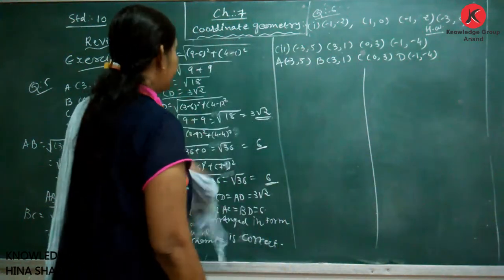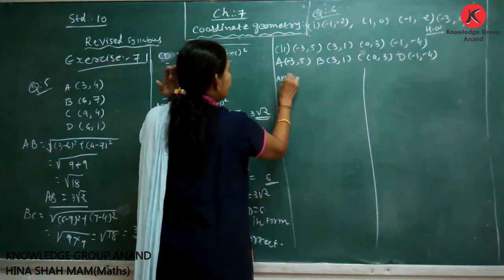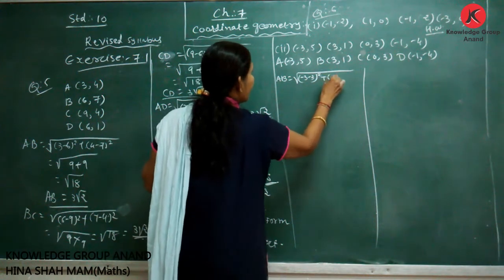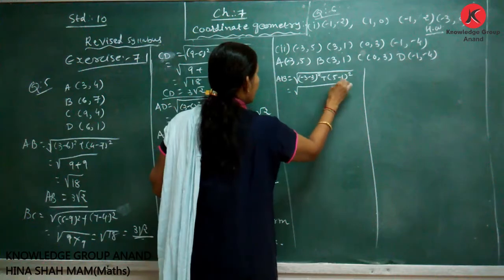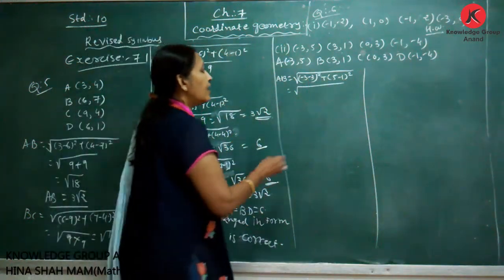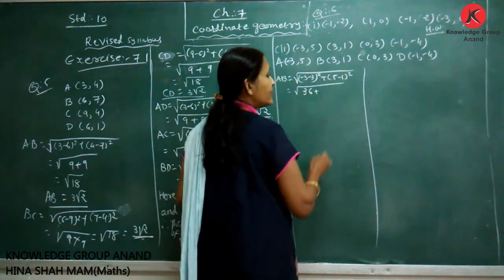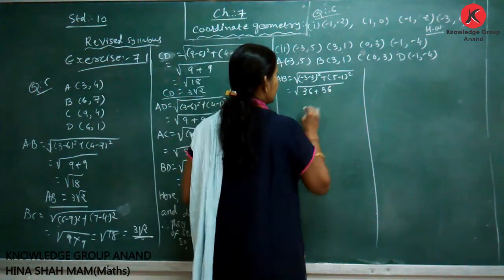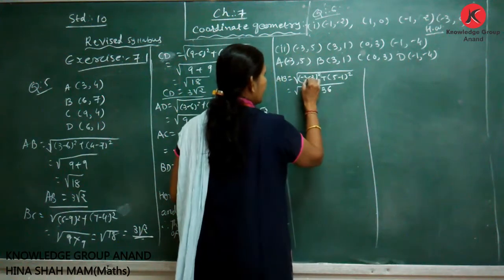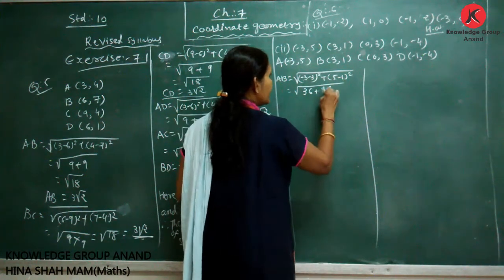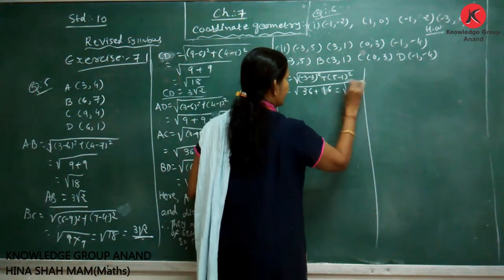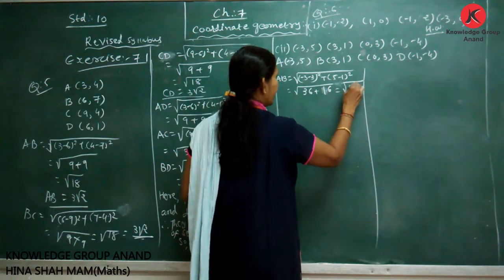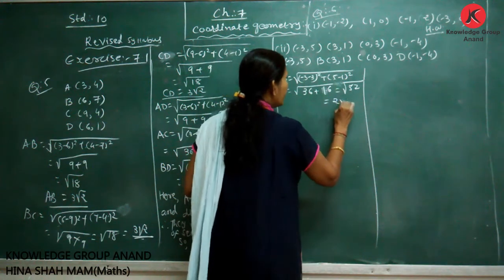We find AB: (minus 3 minus 3) whole square plus (5 minus 1) whole square, equals minus 6 whole square, 36, plus 4 square, 16, equals 52, equals 2 root 13.